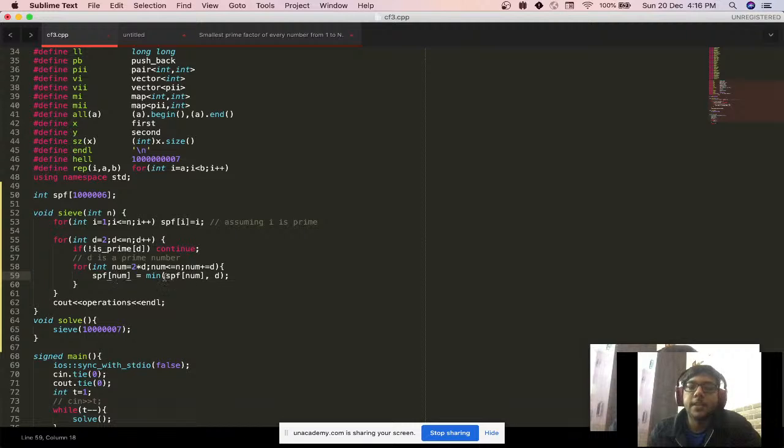So this num can say that I know that d is my prime divisor, and I can take the minimum, since for every number I need to find the minimum of all of the prime divisors of me. It can say that I have found another prime divisor of me, so let's take the minimum of that. This d is another candidate of prime divisor, so I'm going to take the minimum of that.